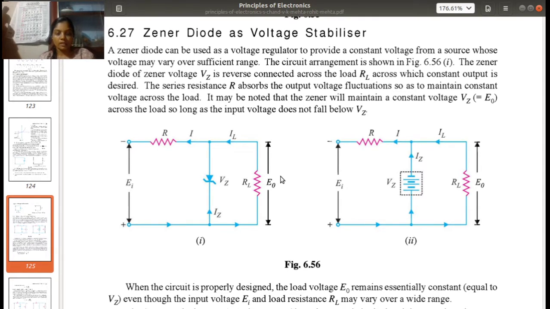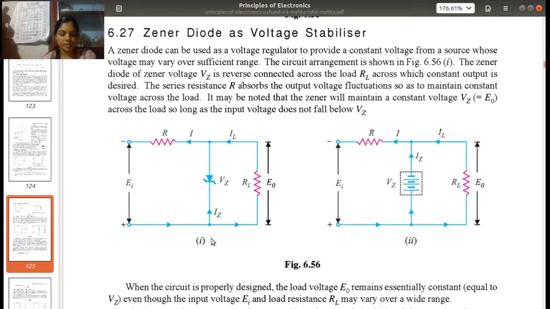Okay. So in this circuit, the input voltage from the battery is given to the Zener diode in series with a resistor, which we have shown here. The load resistance is connected in parallel with the Zener. The Zener is operated in the breakdown region.